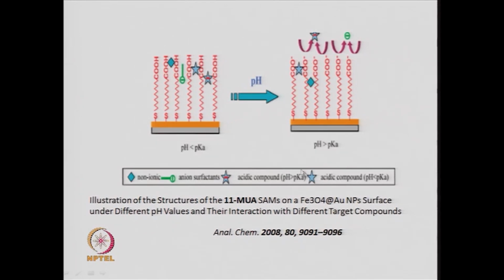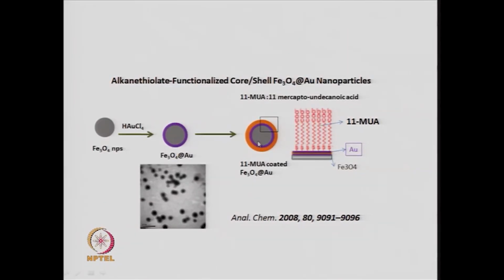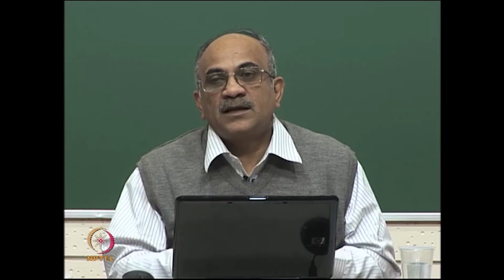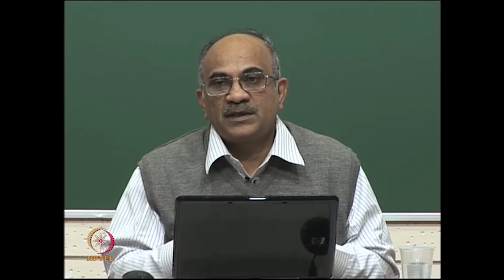So, this is a good application of these core shell molecules, which have been functionalized by mercapto undecanoic acid, and it is pH sensitive with respect to certain molecules, and hence it only binds to certain molecules at low pH and certain molecules at high pH.